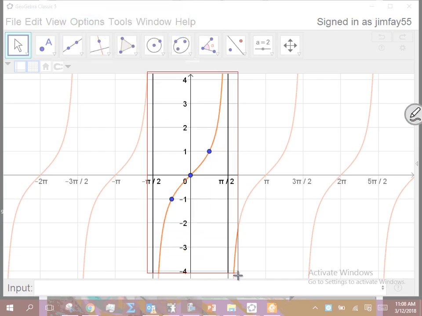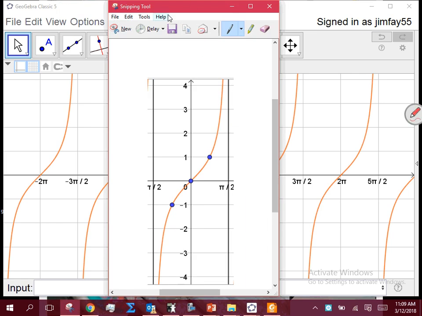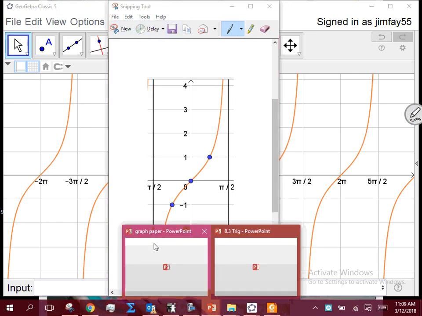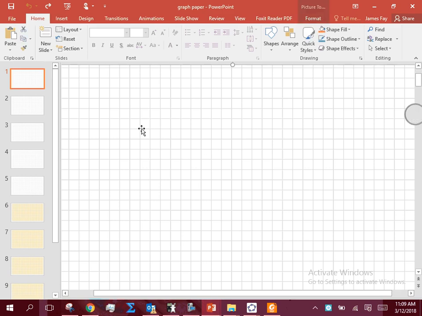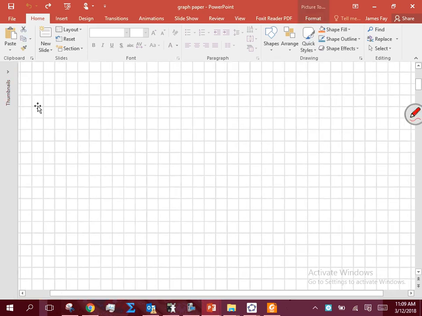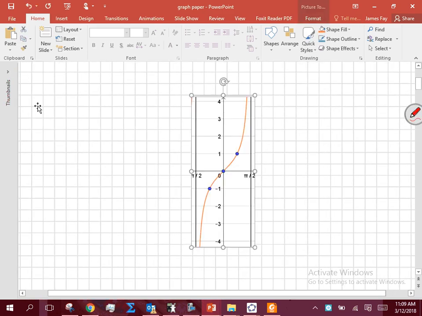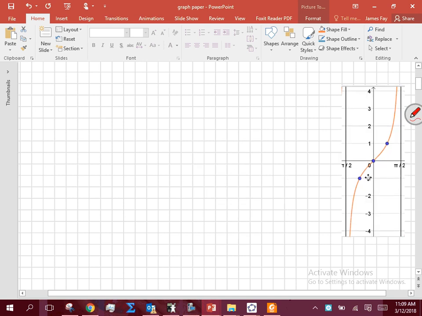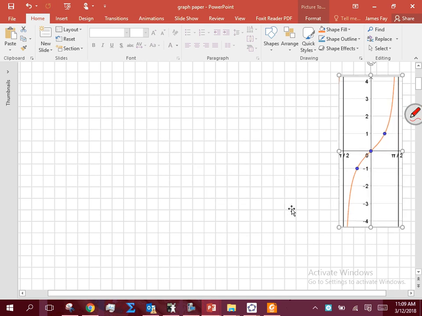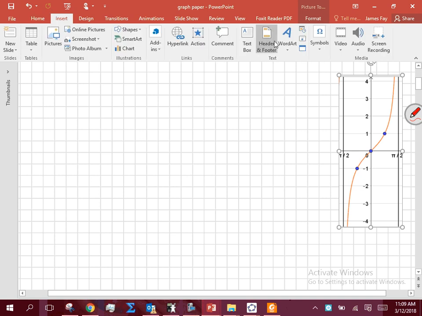It's always a really good idea when you're graphing transformations to have the parent function right next to you as you're doing this. So Control V, there we go. All right, so I'll have that thing to compare my graph with.